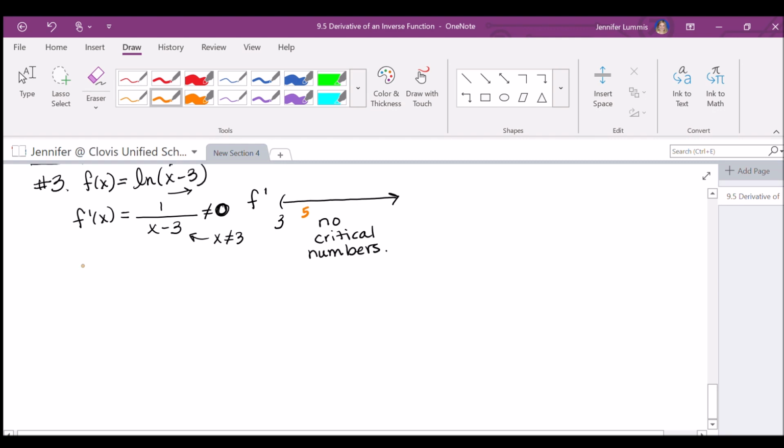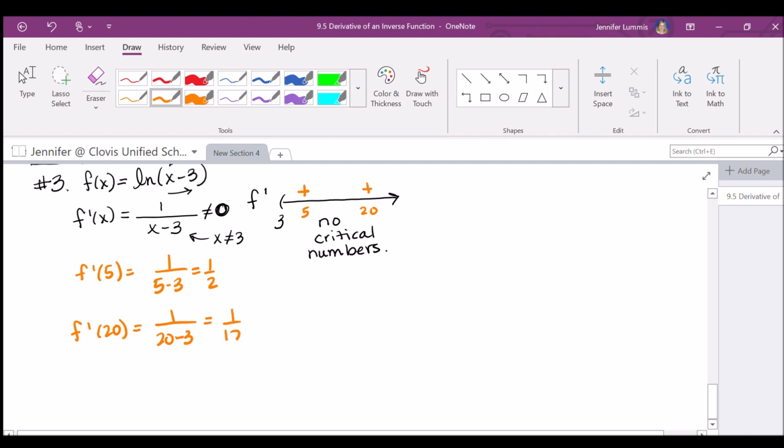We would get f prime of 5, 1 over 5 minus 3 is 1/2, which is positive. I could plug in 20. 1 over 20 minus 3 is 1 over 17. Again, positive.